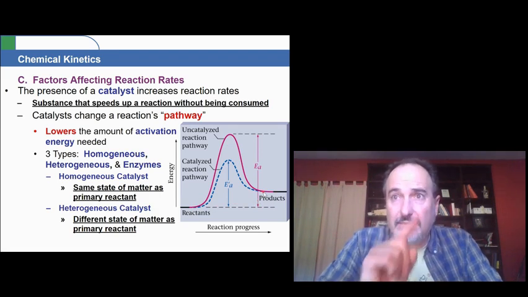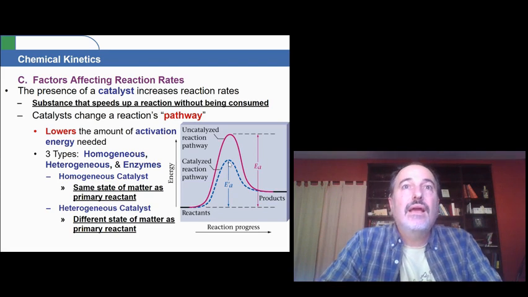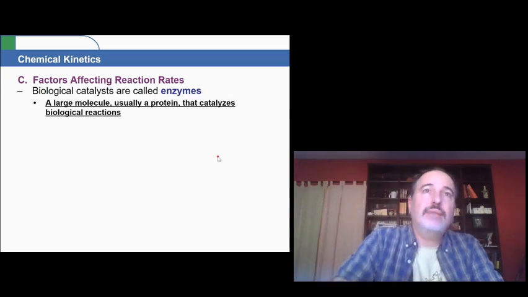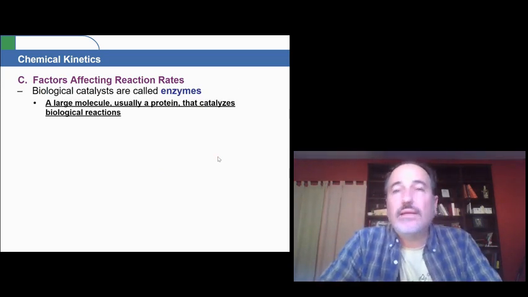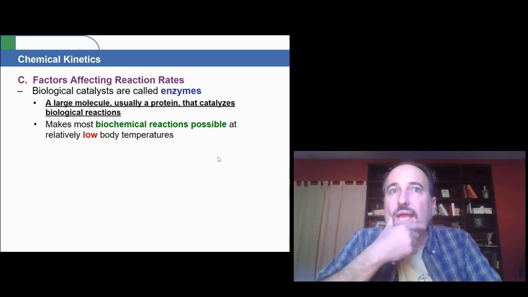But the difference is that the catalyzed reaction pathway requires less activation energy. That's why they go faster. And as I said, enzymes catalyze biological reactions, anything in a living organism.